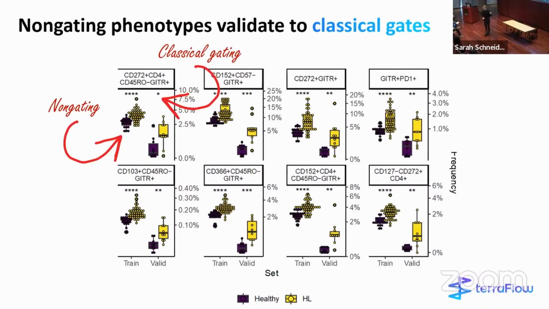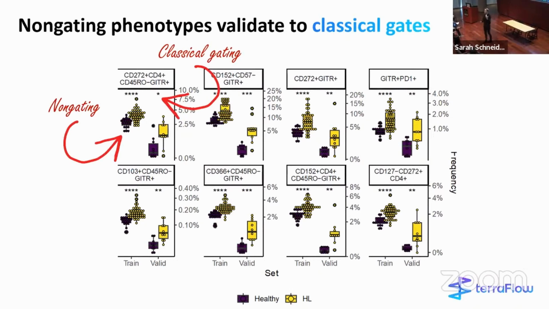We find that this non-gating approach can approximate classical gates. So what we did is we took that initial cohort of 70 patients and identified disease-associated cell types using our non-gating method, so no thresholds. And then we took our validation cohort of 20 patients and had a flow cytometrist hand gate those cell types using traditional gating, the way a clinician might do with FlowJo.